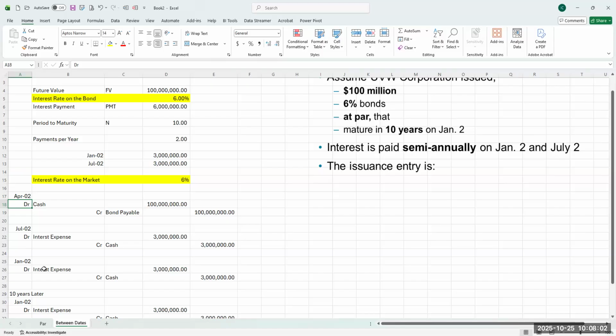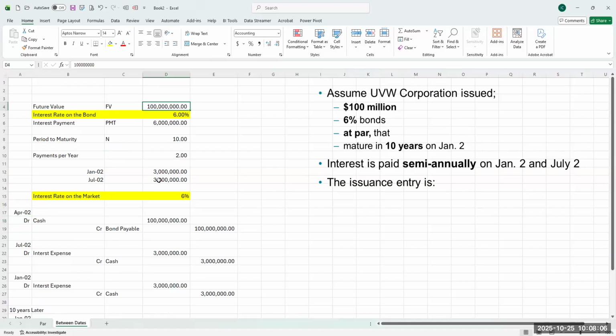I'm issuing the bonds on April 2nd. What do I know? That these bonds are $1 million. These bonds pay interest on January 2nd and July 2nd. Since the bond is the formal document, whatever it says on the bonds, that's what we have to do.